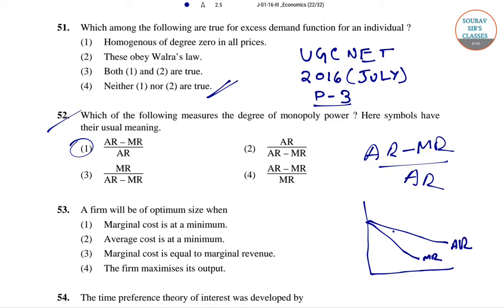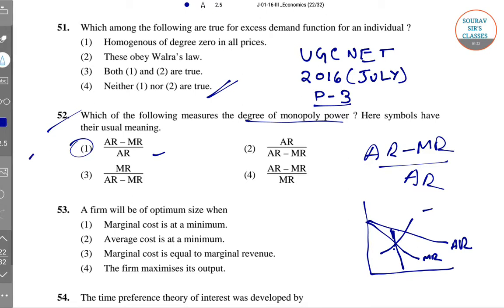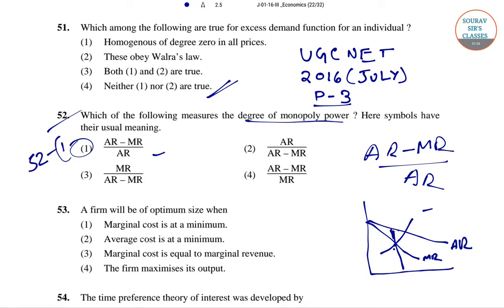The difference AR minus MR divided by AR is known as the degree of monopoly power. So the right answer is option 1.